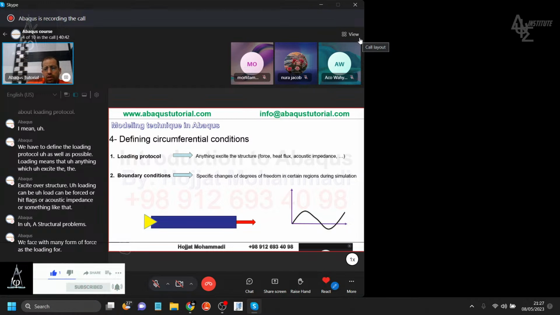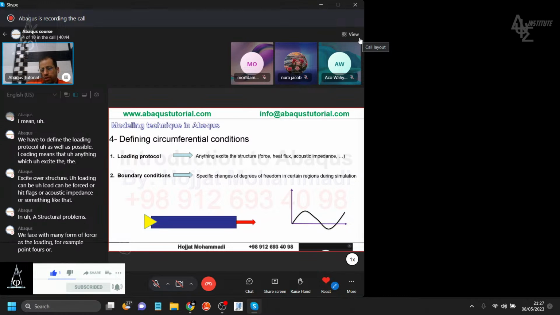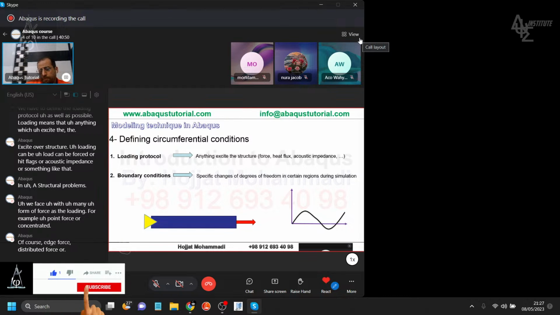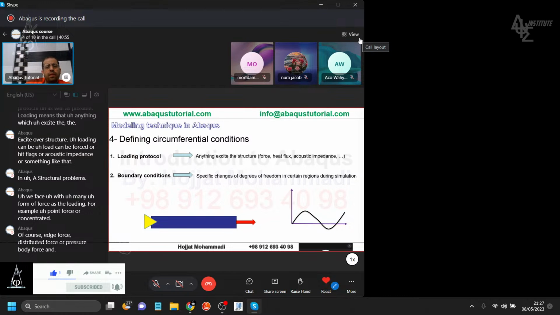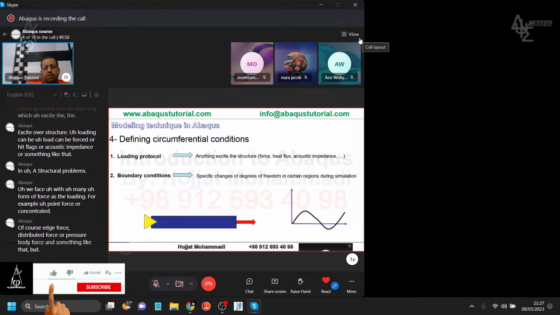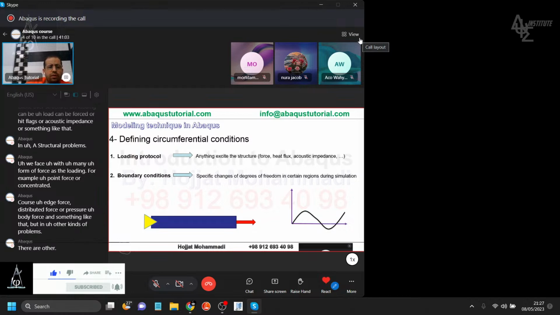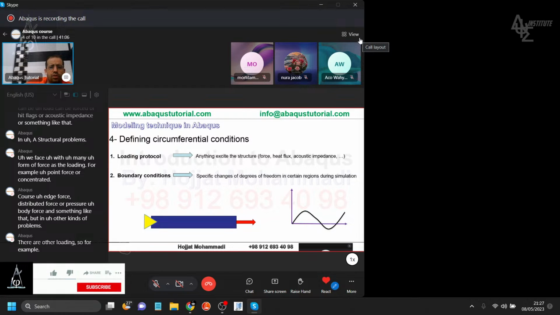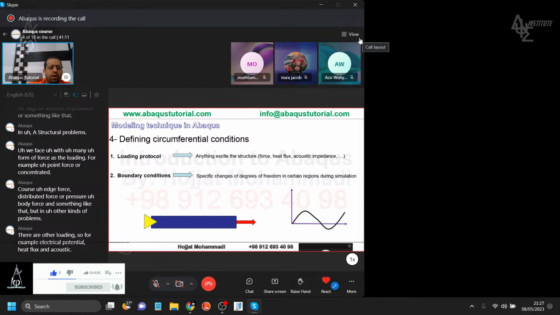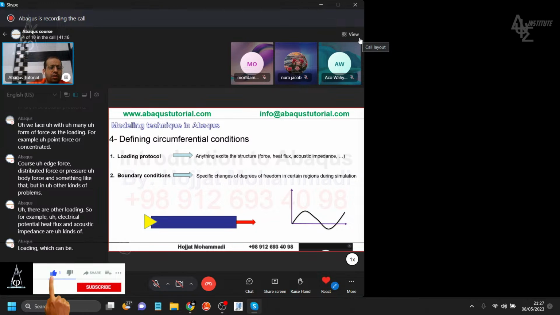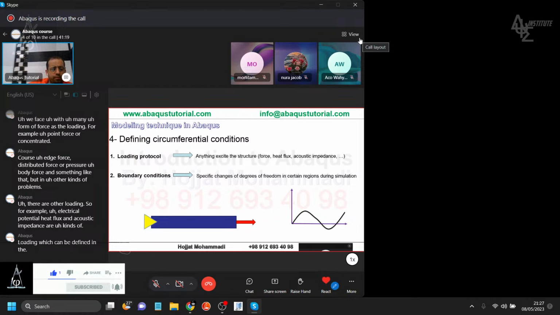For example, point force or concentrated force, edge force, distributed force or pressure, body force, and something like that. But in other kinds of problems, there are other loadings, for example, electrical potential, heat flux, and acoustic impedance, which can be defined in the program.